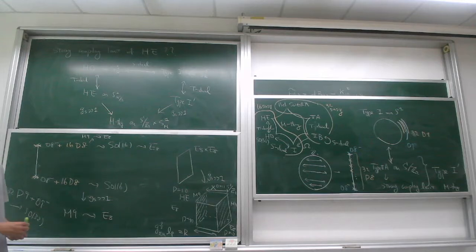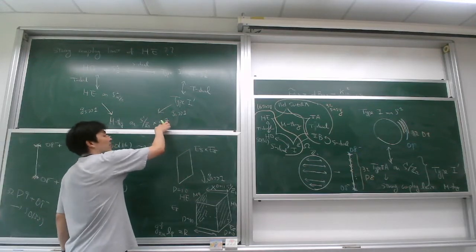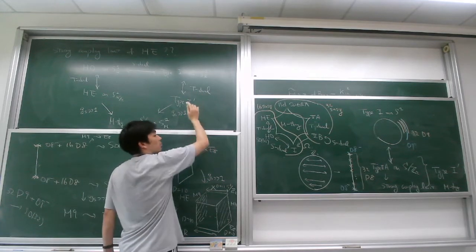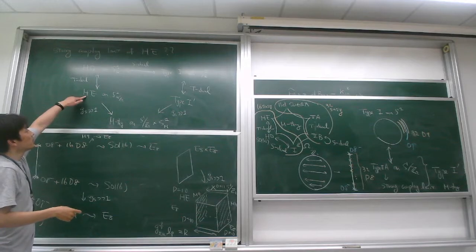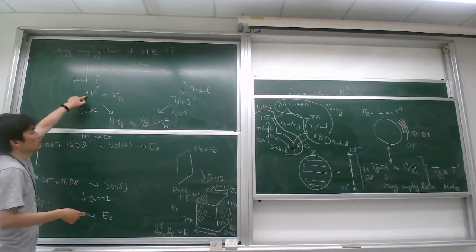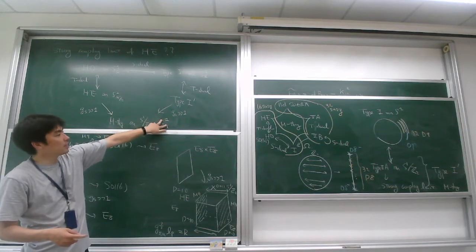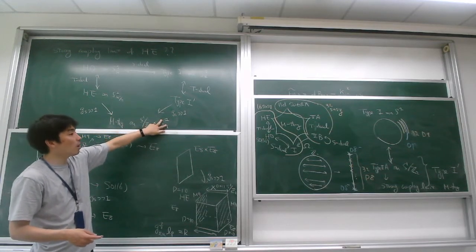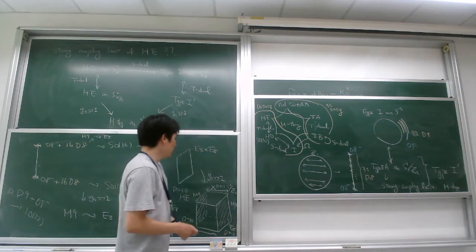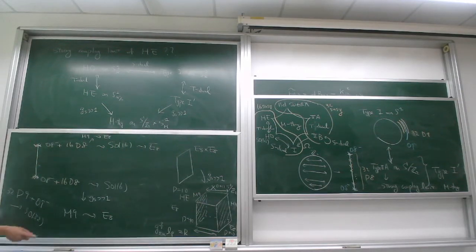Furthermore, once you take the length of this circle to shrink to 0, you can go back to type I prime. Once the string coupling constant is very strong, this direction emerges, and once you take the S1 direction to be small, you can go to type I prime, and this M9 plane decomposes into O8 minus plus 16 D8, and the other M9 plane decomposes into O8 minus plus 16 D8.